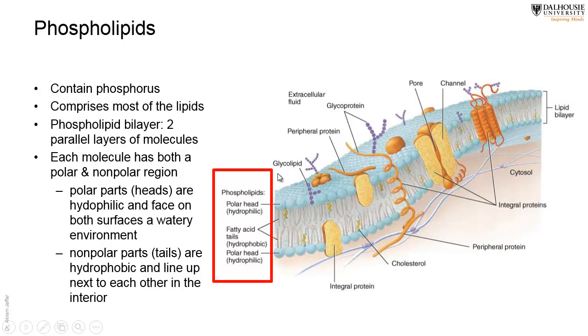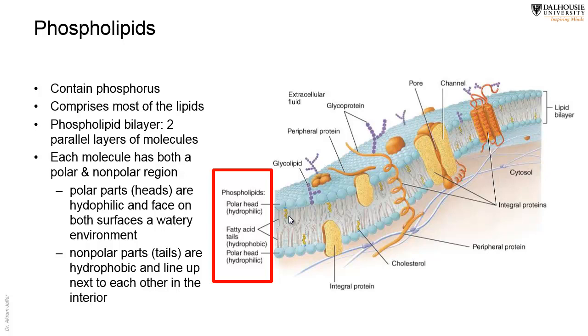So the phospholipids, as you can see, have polar heads and non-polar tails. The heads are also termed hydrophilic, and the tails are hydrophobic. So that's why the heads are always facing the part which contains water, because they are hydrophilic. They like the water, unlike the tails, which are hydrophobic.